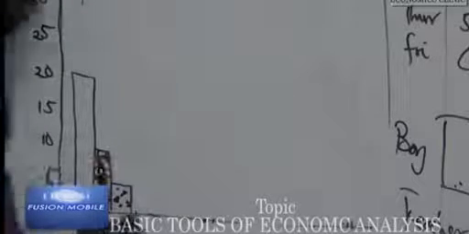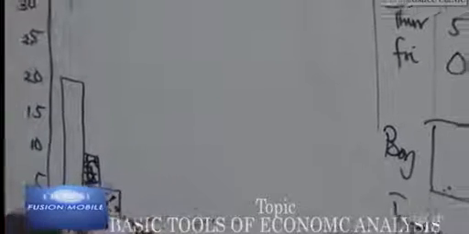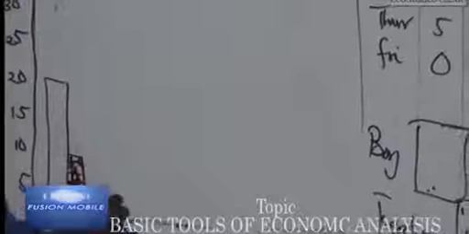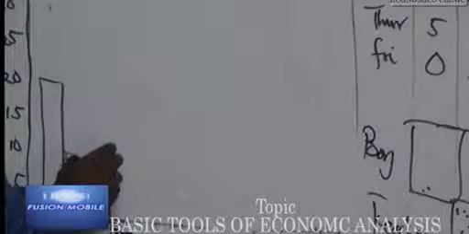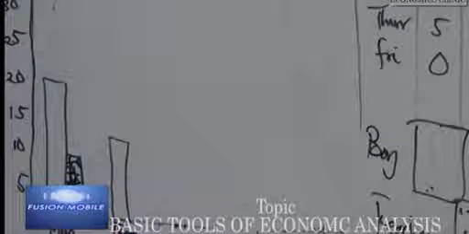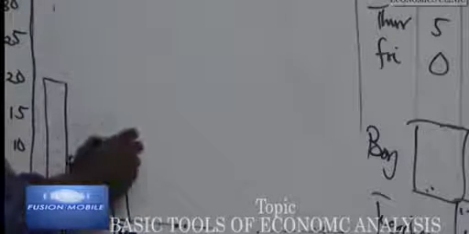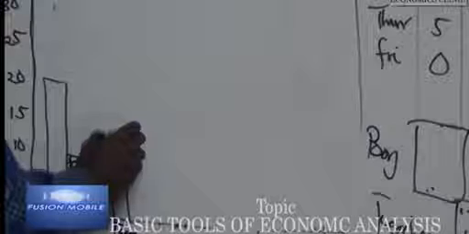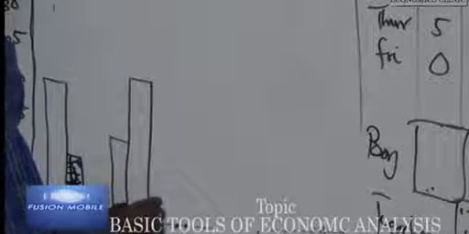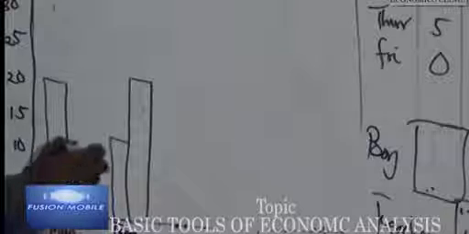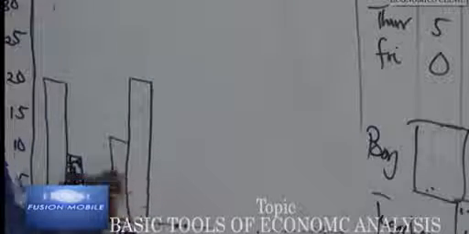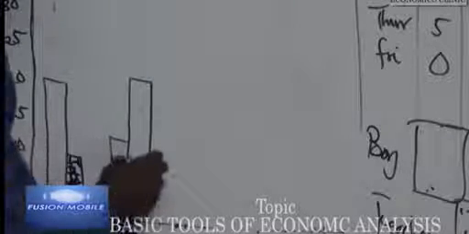That is for Monday. Then on Tuesday, we have 15 boys. So we draw 15 boys. 25 girls. We draw this up to 25. And 10 teachers. 10 teachers is determined from here.